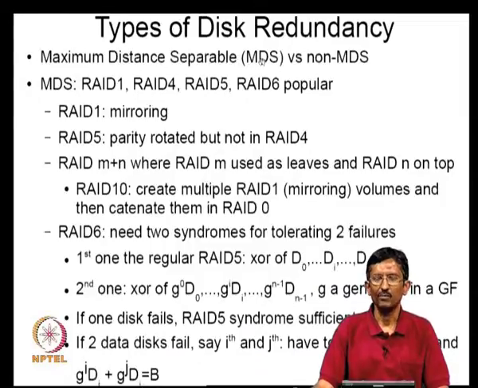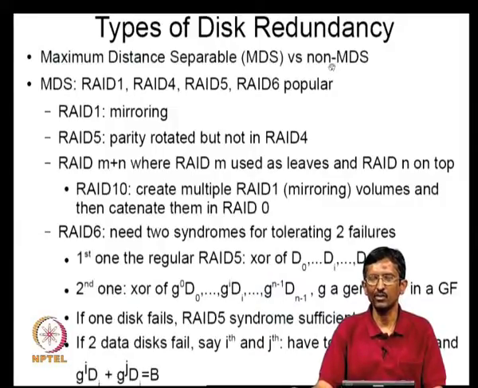In the MDS model, you can handle a certain number of failures. It does not matter which type of failure, which disk fails, etc. It is uniform. Any 2 disks fail I can handle it, or any 3 disks fail I can handle it, things of that type. In the non-MDS model there is some specificity: if 2 disks D1 and D3 fail, then I can possibly handle it, but sometimes I am not able to handle some other 2 disks failing.